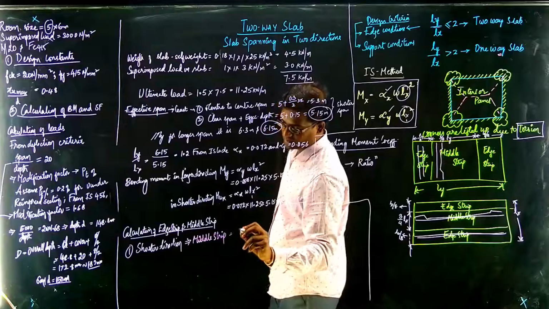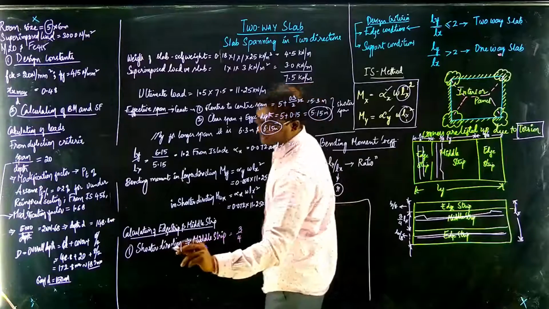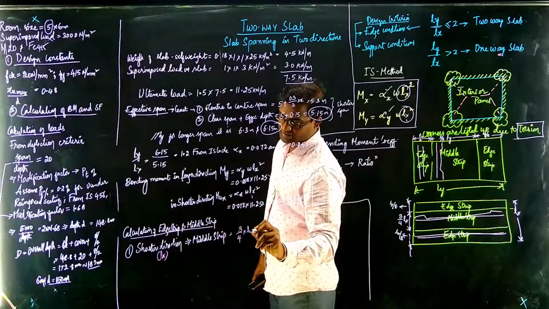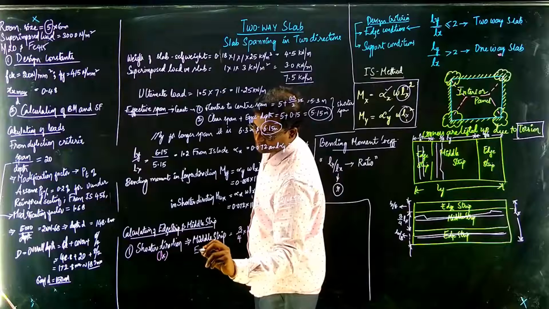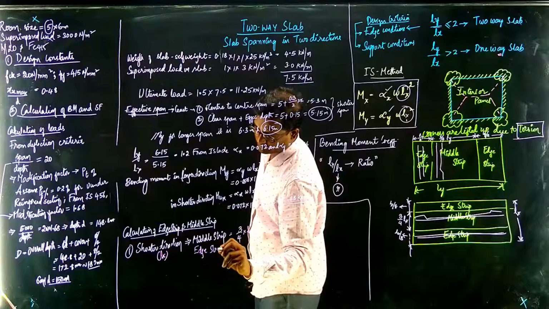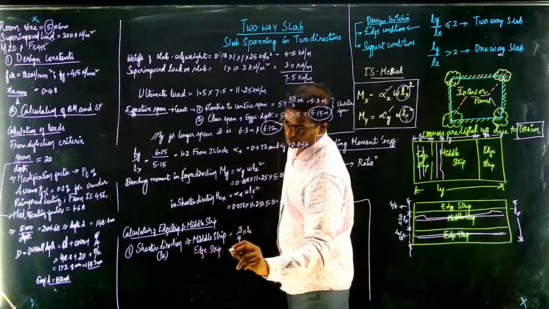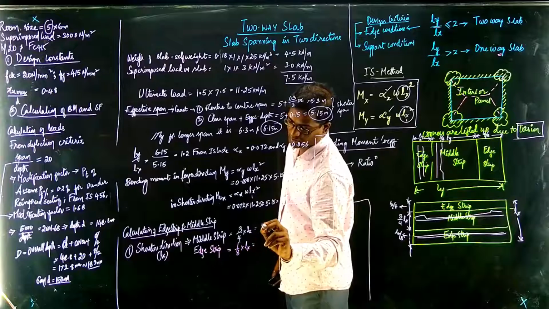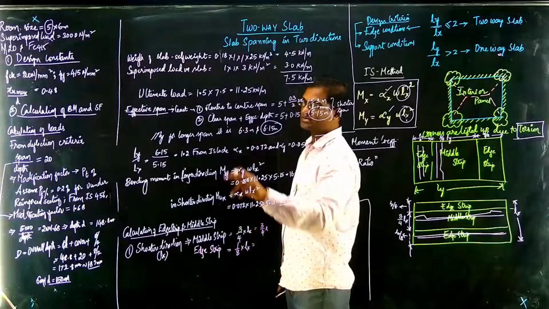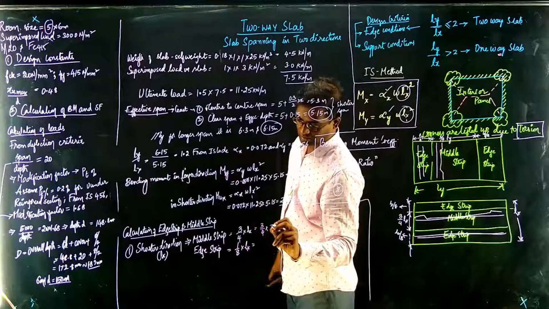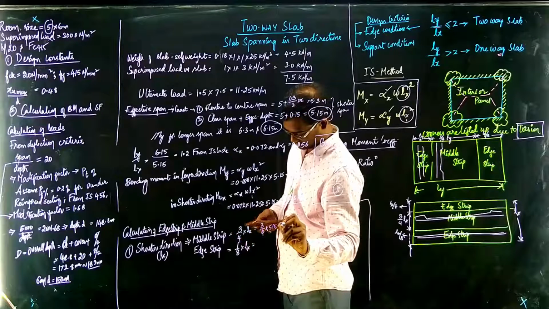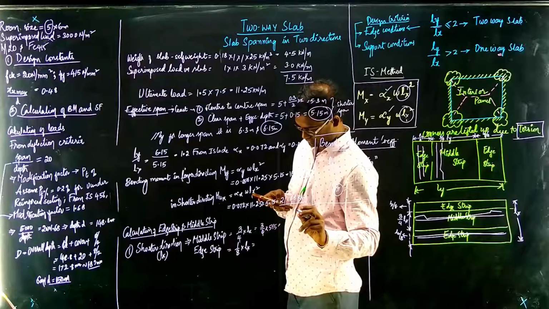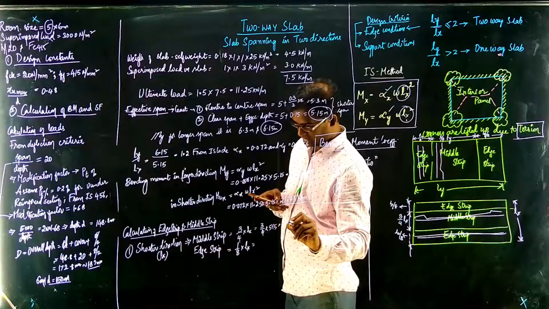Middle strip is given by 3 by 4th of short direction, means 3/4 of Lx, and edge strip is given by 1/8 of Lx. So 3 by 4th of Lx is given by 3.87.